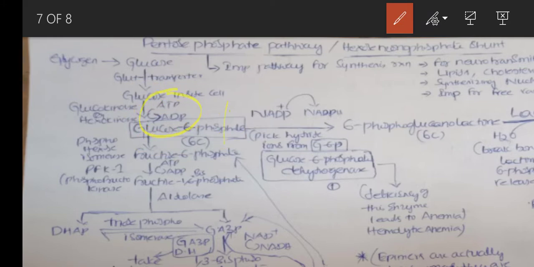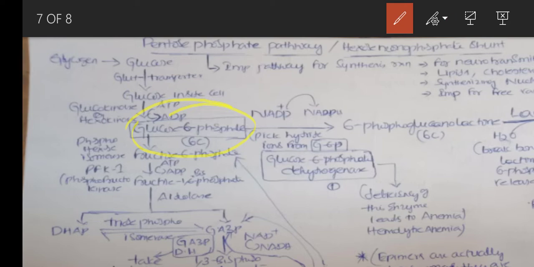ATP will be converted to ADP, and the phosphate will be added to the glucose. So we will get glucose 6 phosphate. This will act as a starting material for the pentose phosphate pathway or hexose monophosphate shunt.